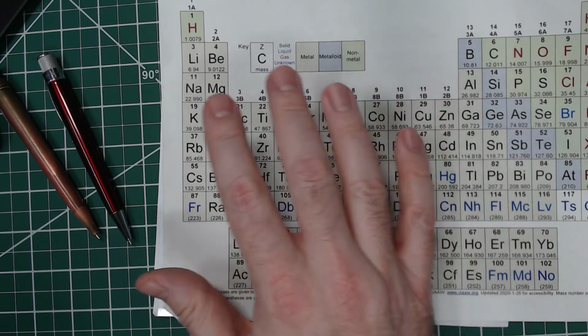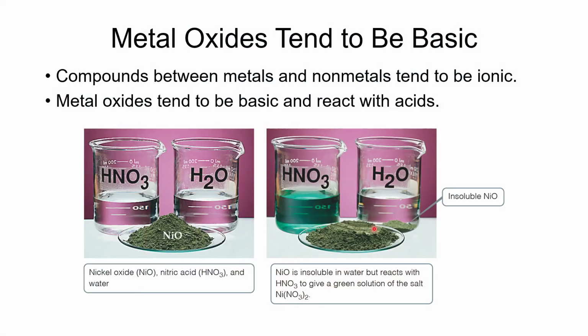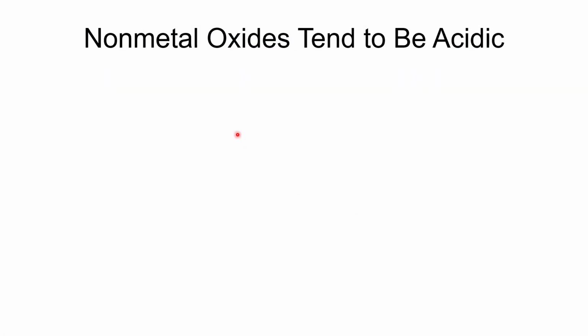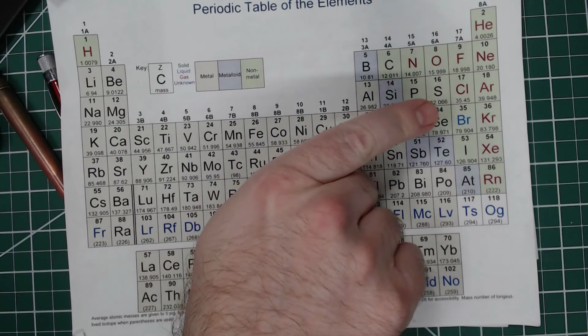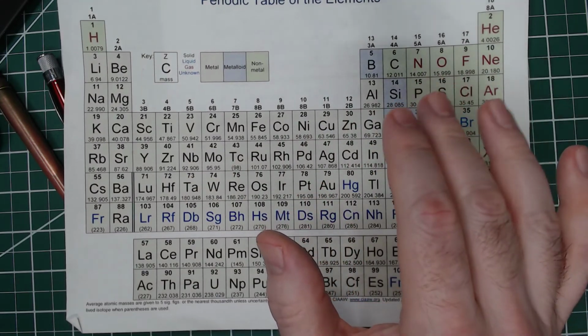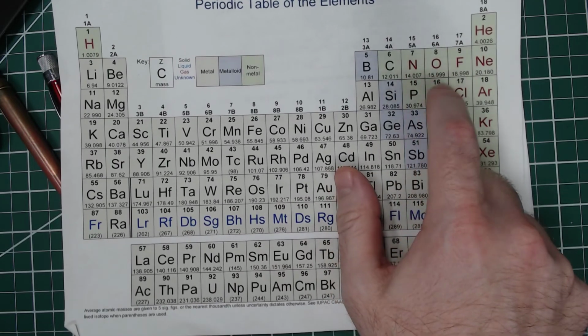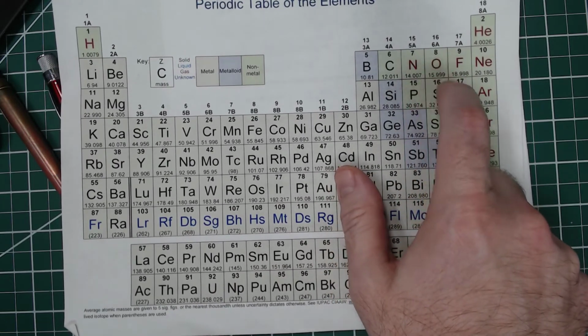But all the other ones, you're going to get an insoluble ionic compound. Nonmetal oxides tend to be acidic, and as you go further to the right and up, those nonmetal oxides tend to be even more acidic. So nonmetal oxides over here tend to be pretty darn acidic.